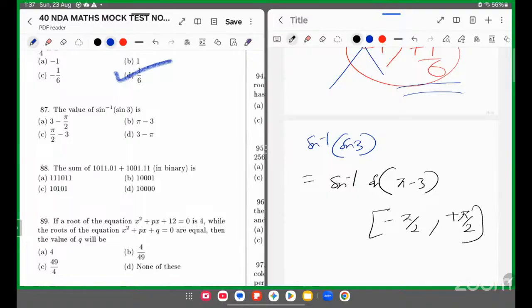So sin inverse sin 3 becomes pi minus 3 because 3 is more than pi by 2. So if I want to keep the principal range between minus pi by 2 to plus pi by 2, I have to give sin inverse sin pi minus 3. So answer is option B.